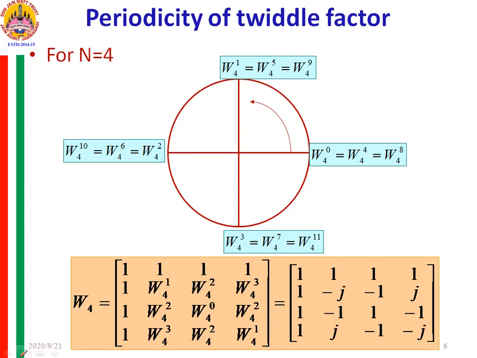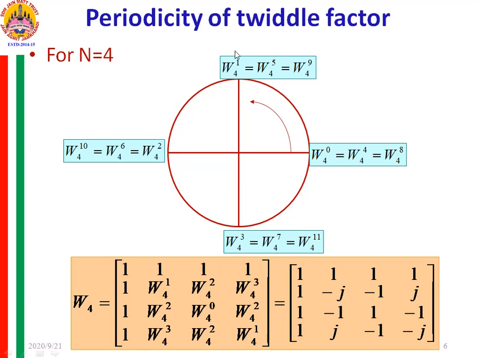So see here, in this matrix the remaining terms are replaced by using the periodicity property. This is W raised to 2,4; W raised to 4,4 is 0,4; and 6,4 is 2,4. This is 3,4; then 6,4 is replaced with 2,4 and 9,4 with 1,4.